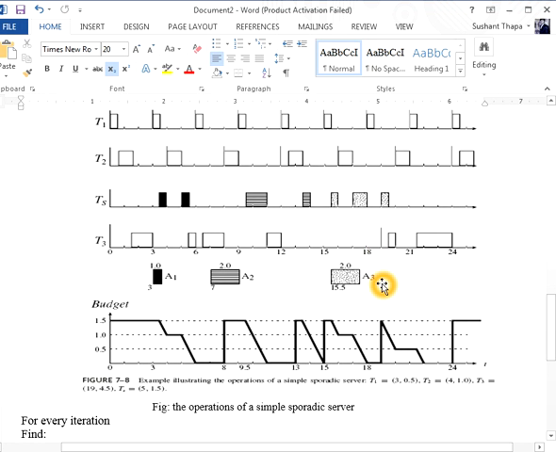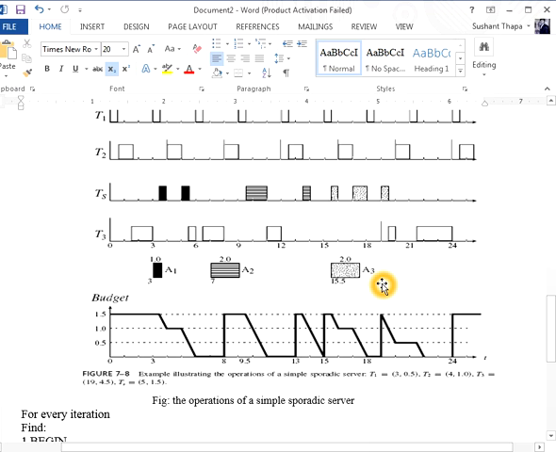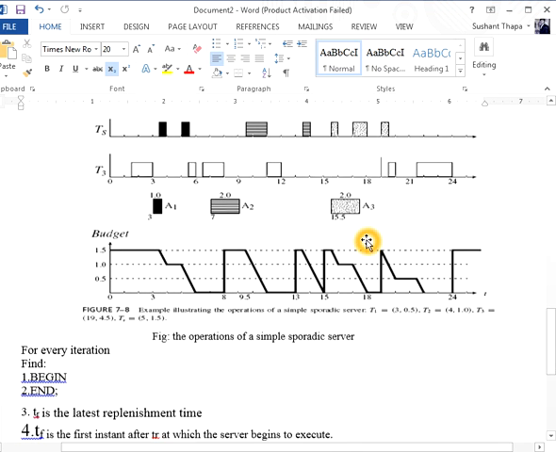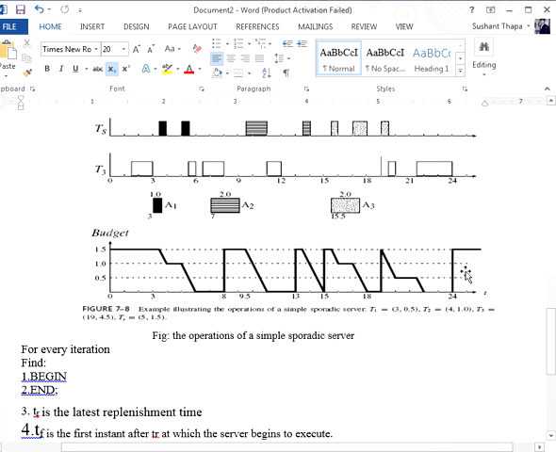So again by rule R3B, the replenishment rule, the budget will be replenished at point 19, and again computing the next replenishment point, we will get 24.